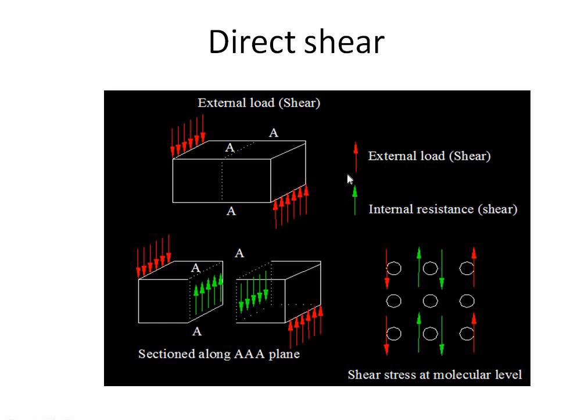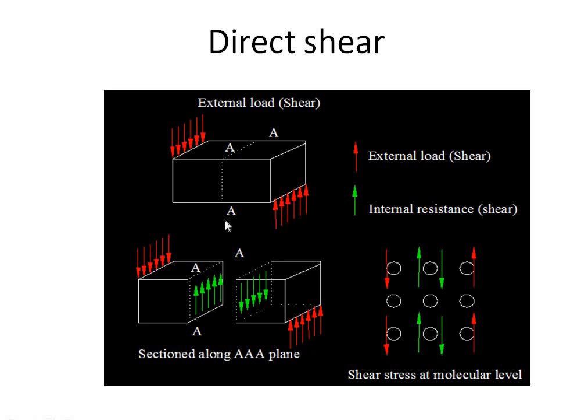Previously, it was normal like this, as shown by my cursor movement. Now it is tangential, right? From here and here. As mentioned earlier, it is two external forces equal and opposite in direction, right?